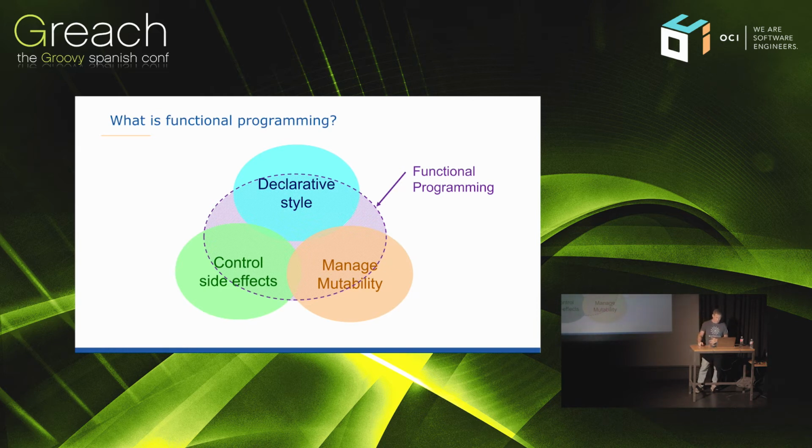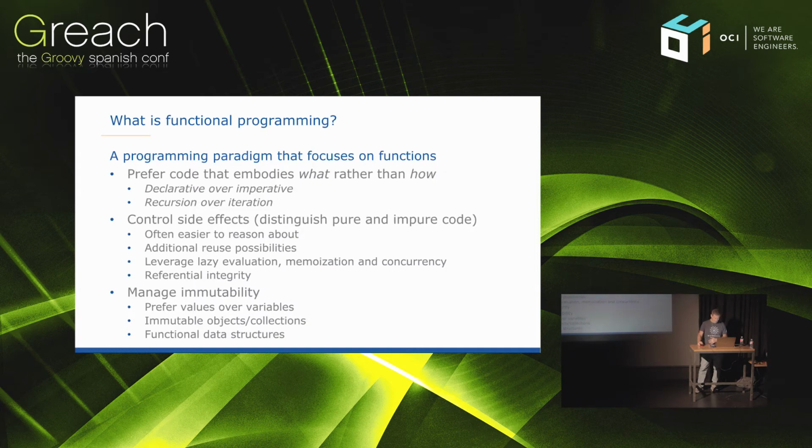We'll see some examples of that in this next little while. So we're trying to distinguish between pure and impure, not necessarily fully rule out impure. That's going to make things a lot easier to reason about, and it's going to open up a whole lot of things: the ability to do lazy evaluation, memoization, concurrency, referential integrity. We'll come and talk about all those things later on.